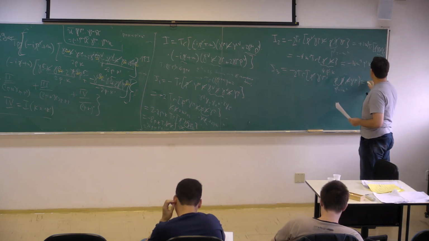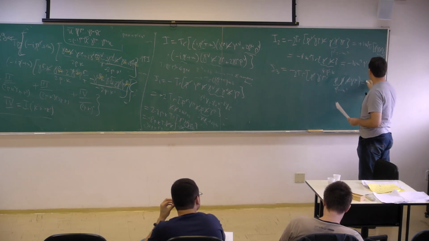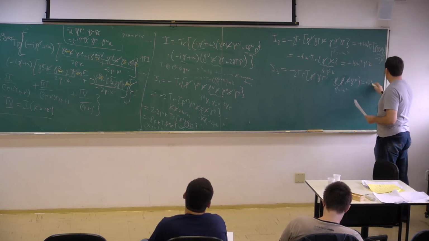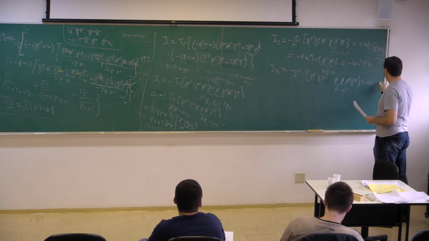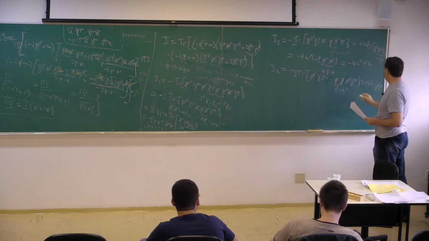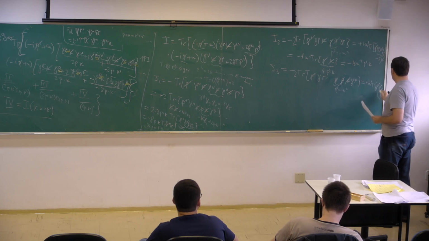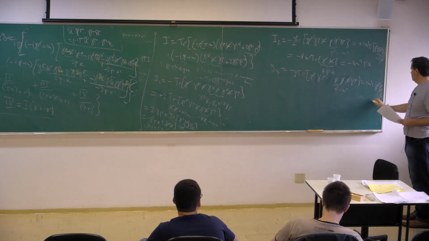This is minus, plus 2m squared trace p prime slash gamma mu k slash gamma mu. But again, gamma mu k slash gamma mu is minus 2k slash.